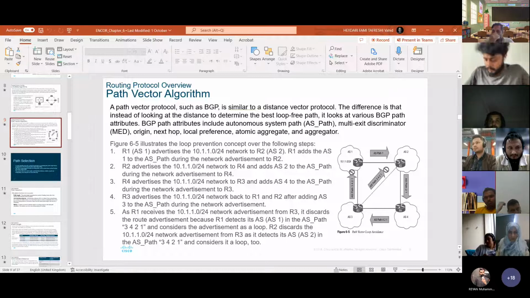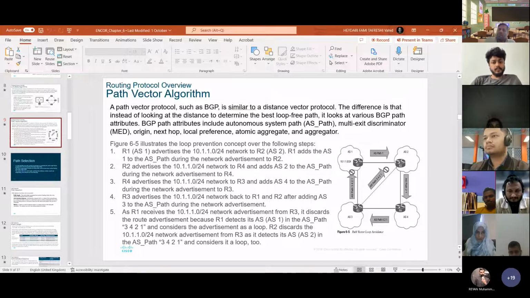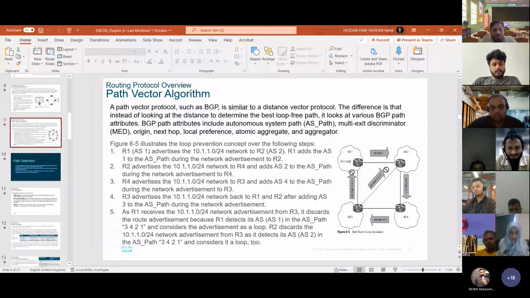Excuse me, sir. With this path vector algorithm, do they have a specific path they follow, or can they recalculate later and change the path? BGP, good question. BGP, unlike any other routing protocols that you have learned so far, is known to be a policy-based routing protocol.